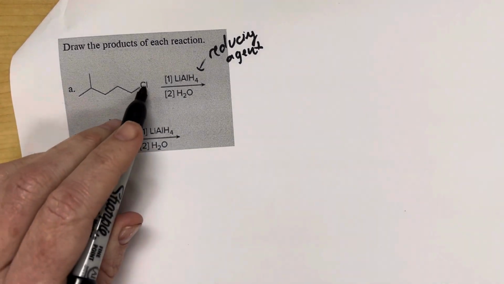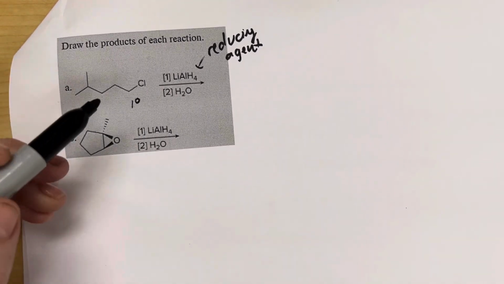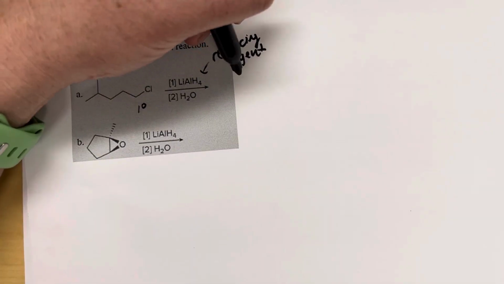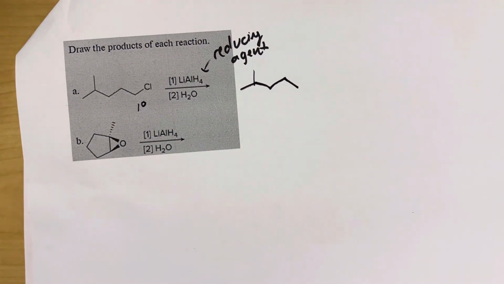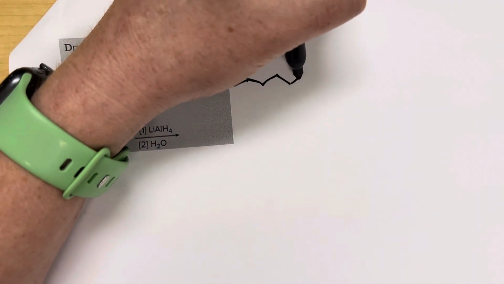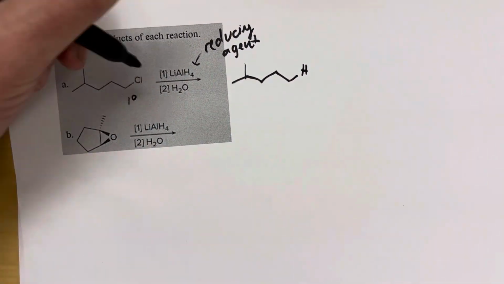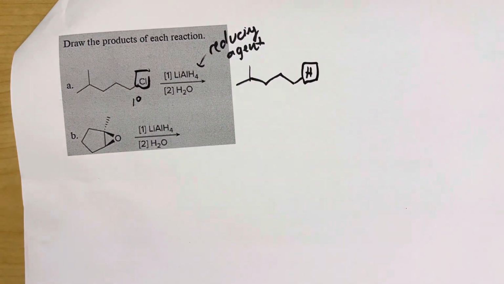And all you're going to do is just a single substitution. This is primary, so it's highly likely that this will be easily reduced. And instead of chlorine, you can just leave it like this. Or if you really want to emphasize that you add an extra hydrogen, you can put a hydrogen there. Maybe box them in and be like, hey, look, we just substituted for that.